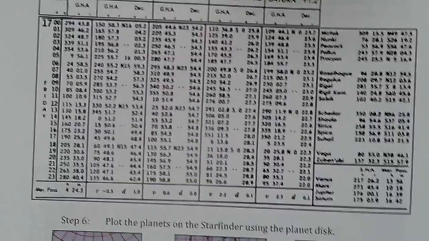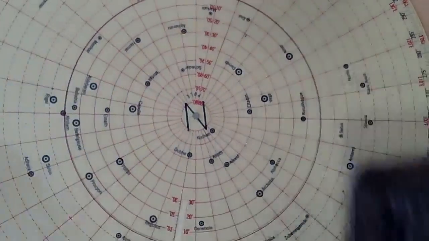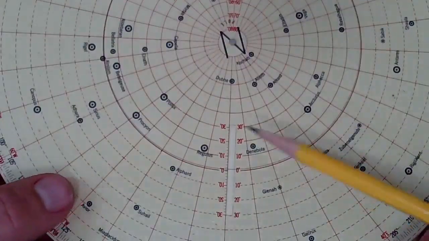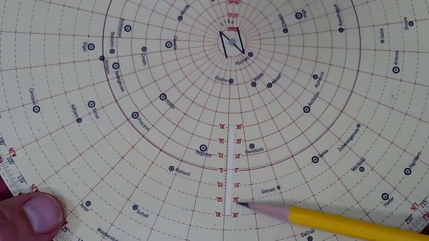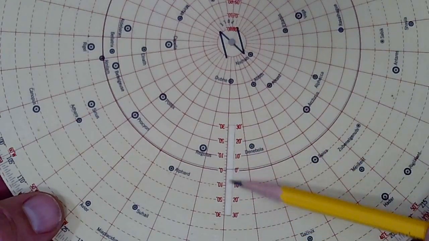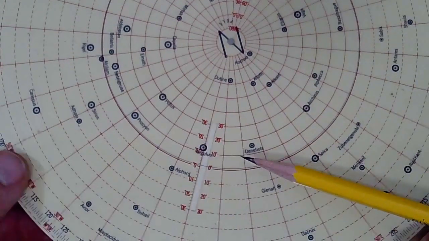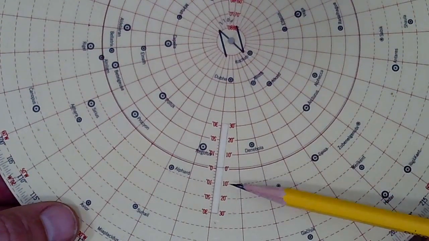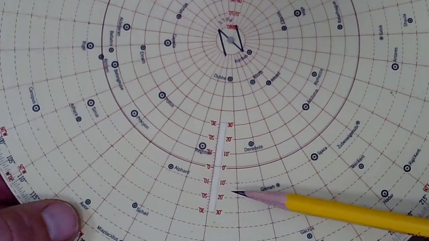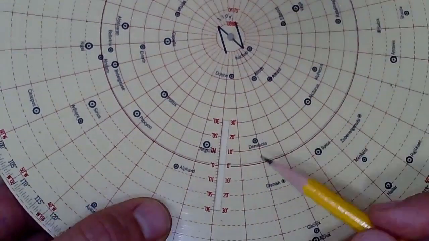And then what we end up doing is using this tool to plot the position of it. We can spin this around to get to the right spot, and say we found out that this star had a 10-degree declination, we spin it to the right GHA.